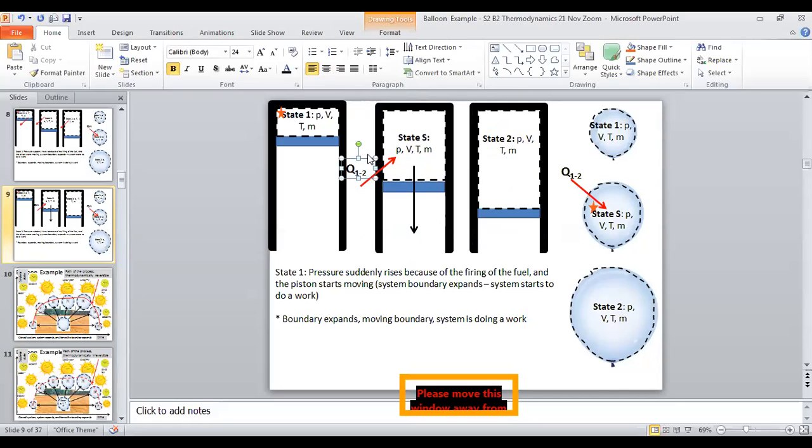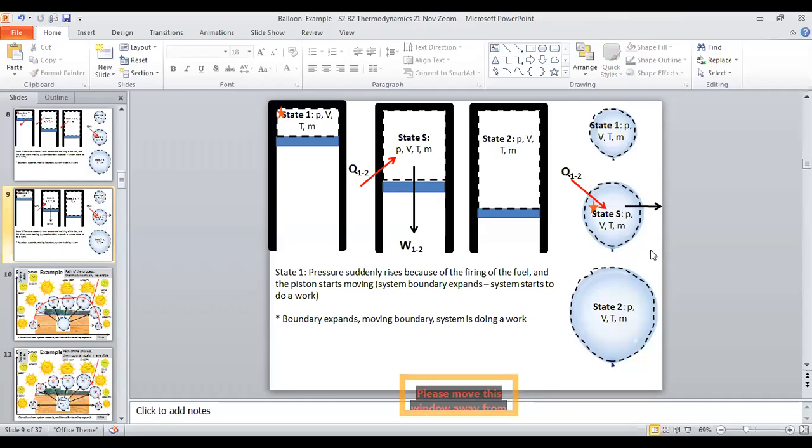You may consider a work done by the system, W1 to 2. This is state 1, this is state 2. Work done during state 1 to 2. Same way, even in the balloon expansion, you can think of the same work done.